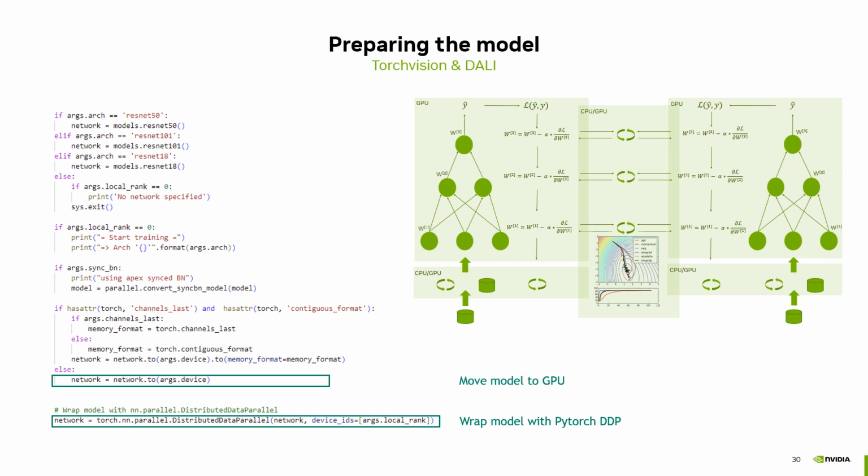It's called DistributedDataParallel. Then if you run the network, it will already take care of initializing the network with all the same weights and copying it across all the GPUs. As you see here, all it takes is the actual network and the local rank of that network, and it will take care of initializing it through all the different GPUs.